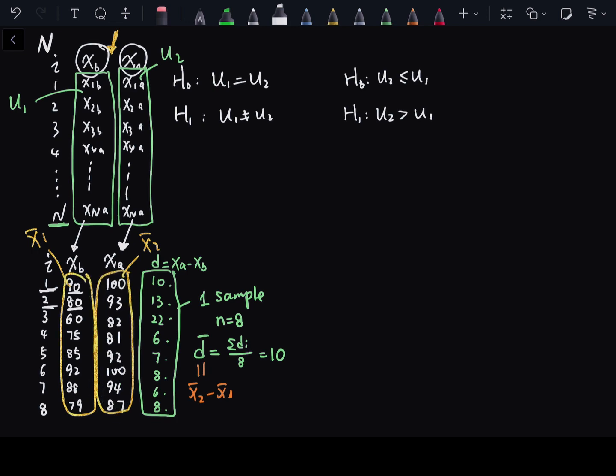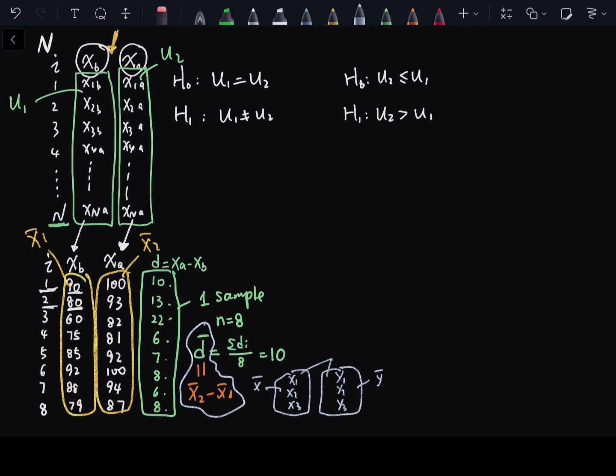If you're confused with this, let me show you very quickly why these are equal. Suppose this sample contains x1, x2, x3, and this sample contains y1, y2, y3, and the averages will be y bar and x bar. Then you convert this into one sample: y1 minus x1, y2 minus x2, y3 minus x3.